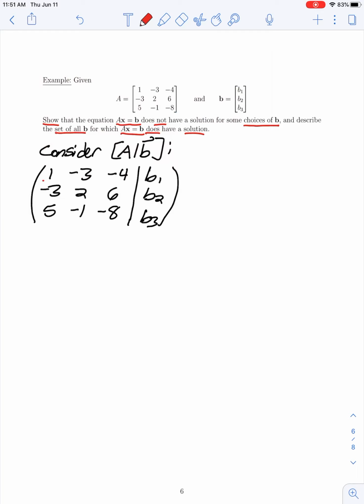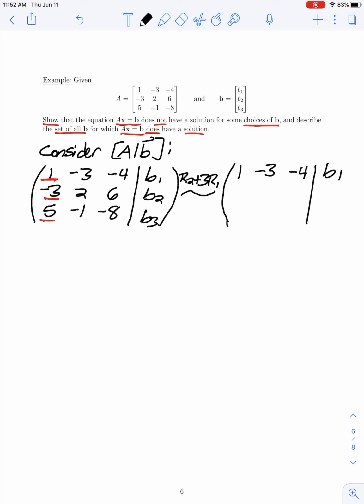So here we start with a pivot of 1 in this first column, and we need to kill off the -3 and the 5 that appear in the rows below that. So to get rid of the -3 in our second row, we can take row 2 and add 3 times row 1. So my first row will remain 1, -3, -4, B1.